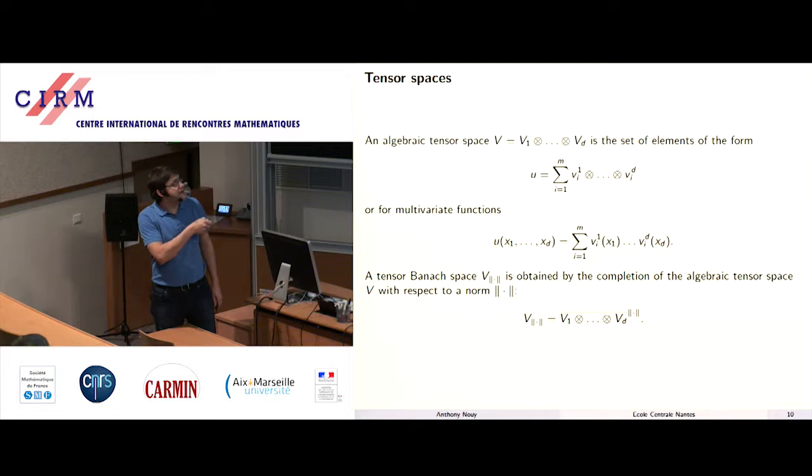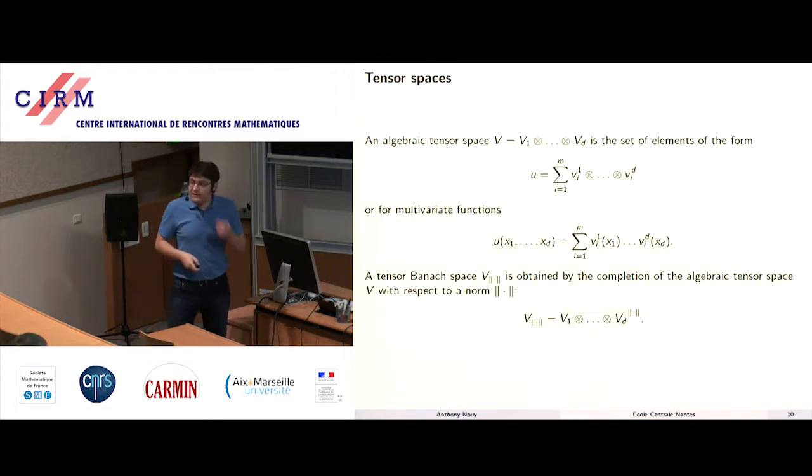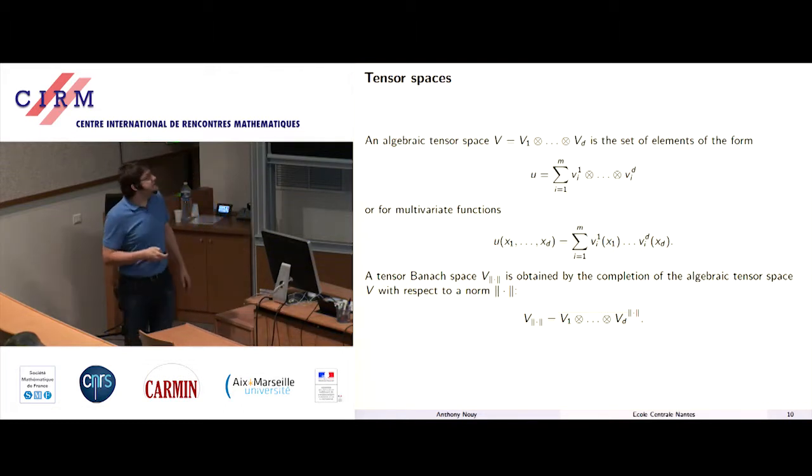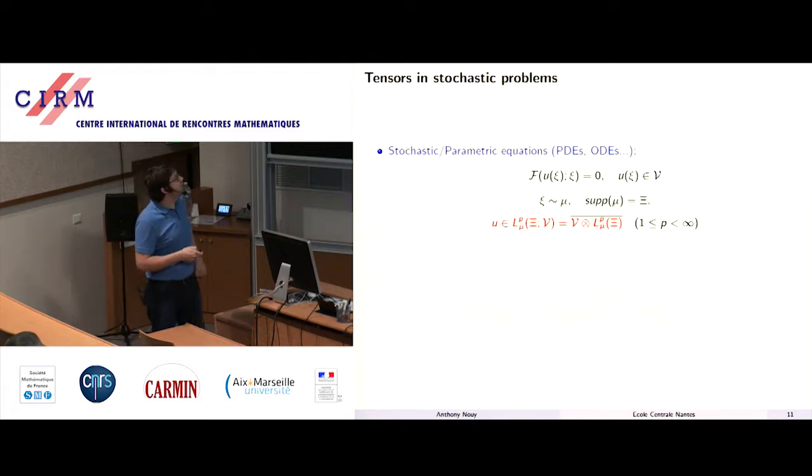Okay, v_1^i is in V_1, v_d^i is in V_d, etc. If you want to look at this as multivariate functions, elements of this algebraic tensor space are multivariate functions that can be written as a finite sum of products of univariate functions. Okay, and then you define a tensor Banach space by the completion of this algebraic tensor space with respect to a certain norm. Okay, this is the general definition of a tensor space.